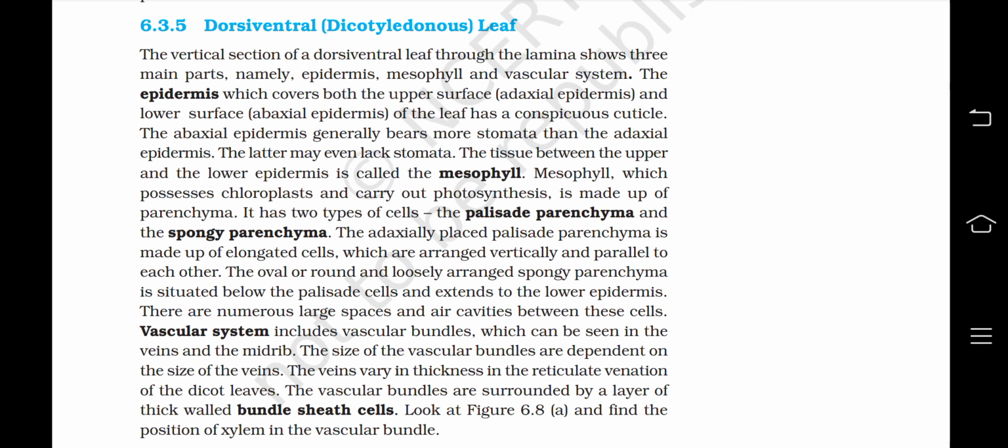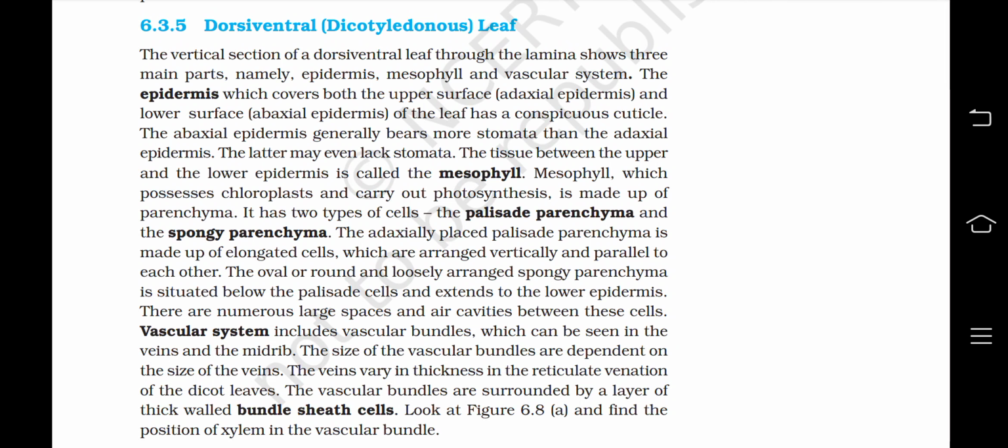Epidermis, which covers both the upper surface, adaxial epidermis, and lower surface, abaxial epidermis of the leaf, has a conspicuous cuticle. The abaxial epidermis generally bears more stomata than the adaxial epidermis. The latter may even lack stomata.